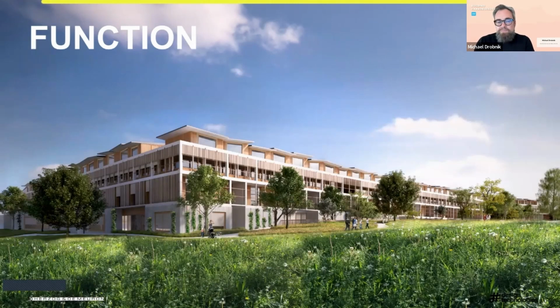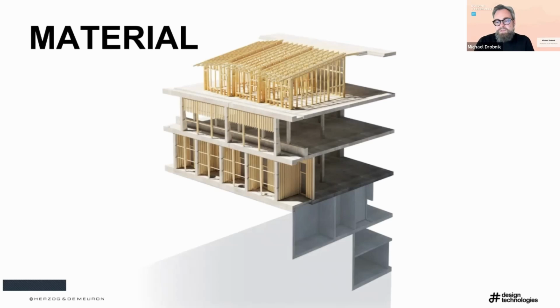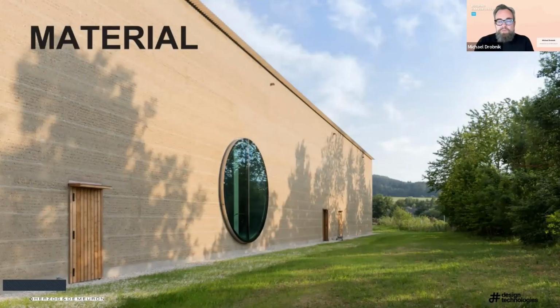So we have to think about appropriate material systems, and how we can design a building together with the engineers that is flexible, can take loads, but reduces weight in the slabs, combining it with prefab wooden structures to have an effective building.